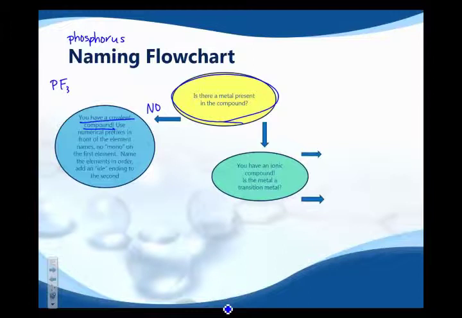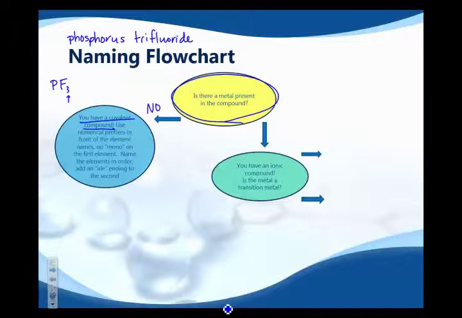And because there was only one of the first element, I don't include a numerical prefix. But on the second element, I do have three of them, so I need to include a numerical prefix, and so it's trifluoride. Actually, you include a numerical prefix on the second element all the time. But we've got tri here because we had three fluorines. And then I'd be done naming my compound.